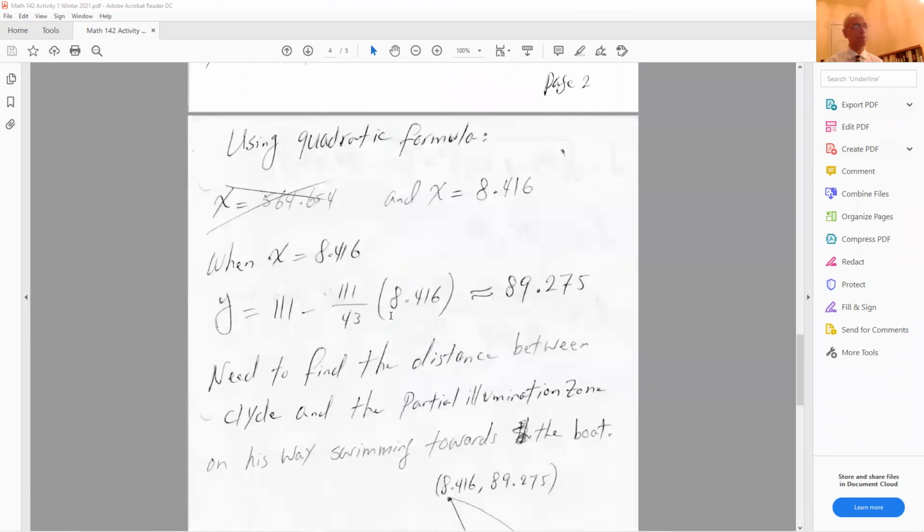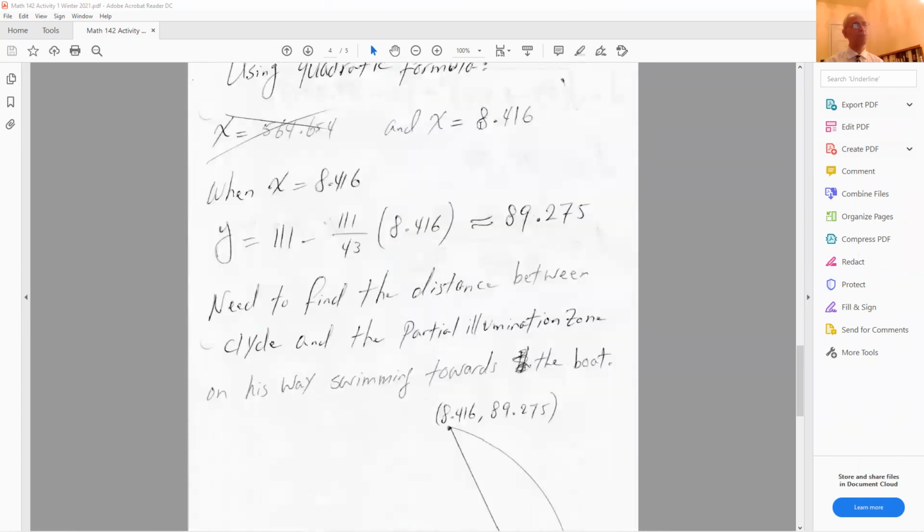Now, when x is 8.416, I know that y equals 111 minus 111 over 43 times 8.416. So the y value is 89.275, simplified to 3 decimals.